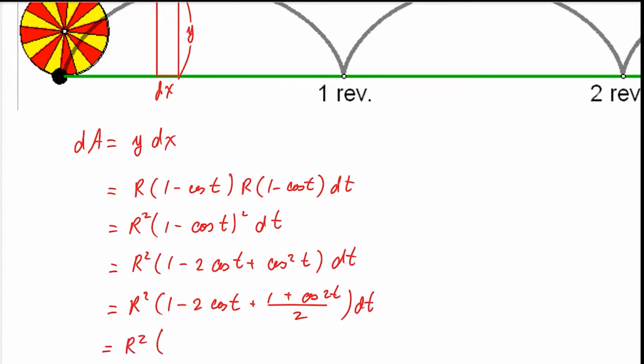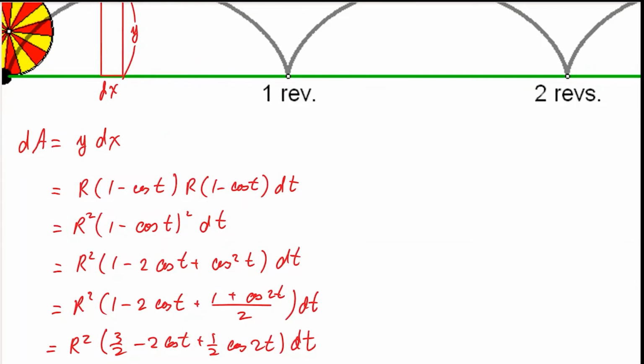So it simplifies to 3 over 2 minus 2 cosine t plus 1/2 of cosine 2t. Like that. Okay, now we can integrate. We'll integrate with blue.